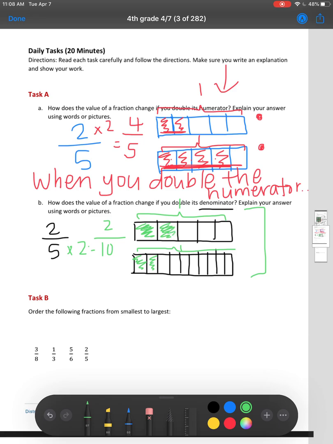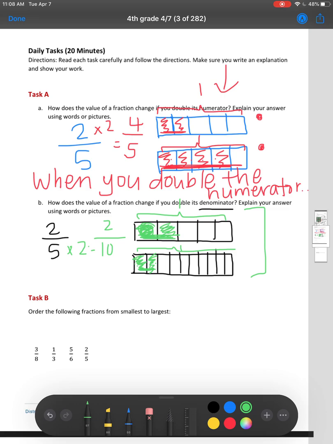But when I doubled the denominator and created tenths, I notice that I have fewer pieces shaded in here. Just looking at my model, I can see that 2/5 is greater than 2/10, because I have this shaded in all the way here, and this shaded in just to right here. So I can see that 2/10 is only equal to this 1/5 right here.